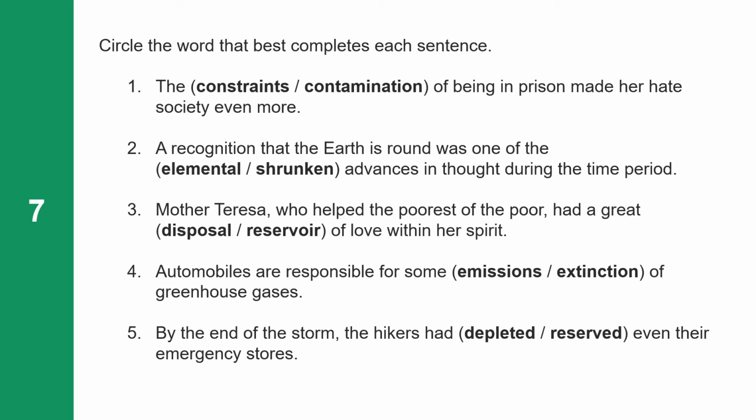Circle the word that best completes each sentence. The constraint of being in prison made her hate society even more. A recognition that the earth is round was one of the elemental advances in thought during the time period.